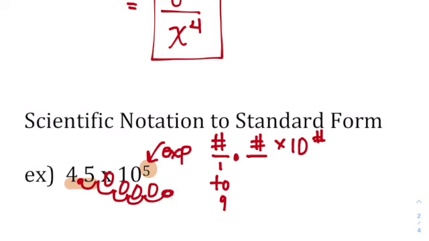That means your decimal is now here. So your number is going to be 4, 5, 0, 0, 0, 0. So it's 450,000. That's your number from scientific notation to standard form.